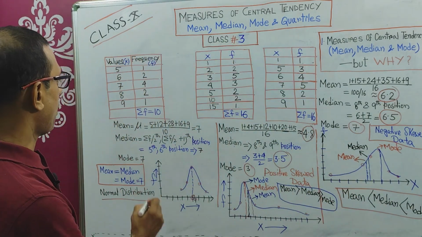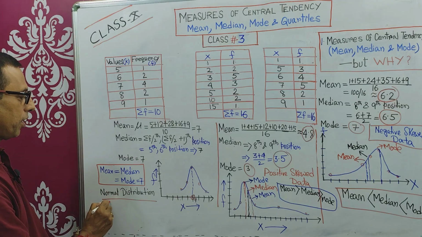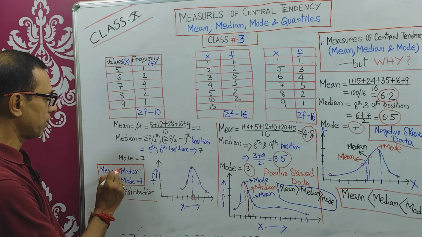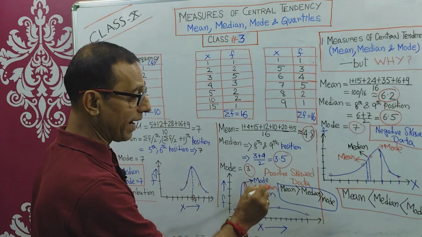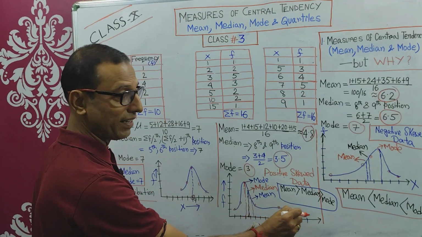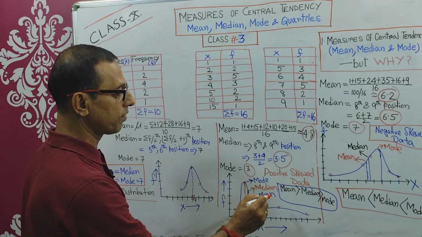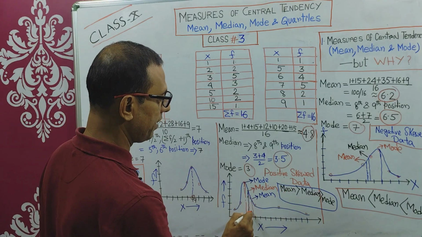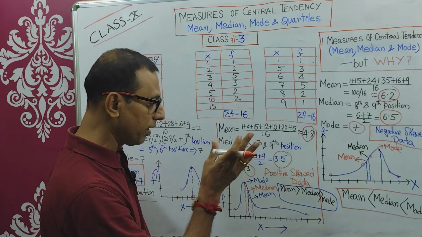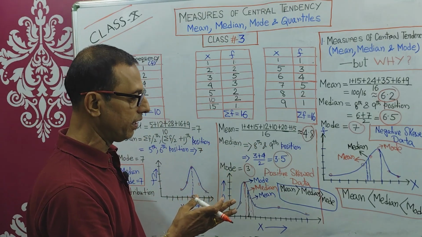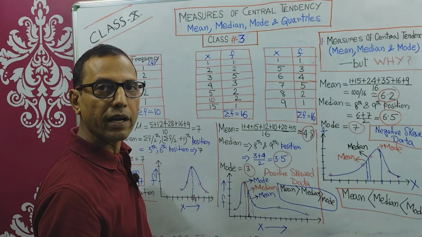So for normal distribution, the relationship is mean equals to median equals to mode. For positive skewed data, right skewed data, the tail is trending towards right side. What is the relationship? Mean greater than median greater than mode. In which direction the tail will be there? Because it is happening because of the outlier.